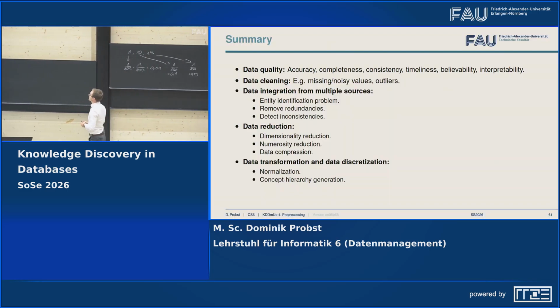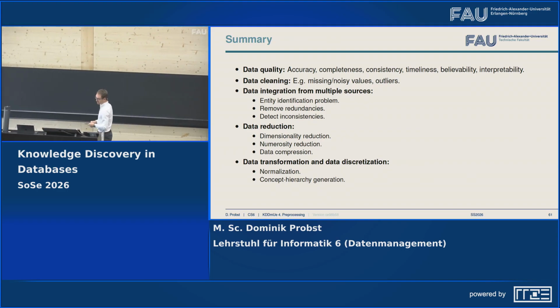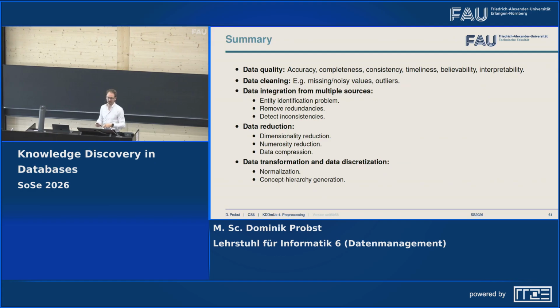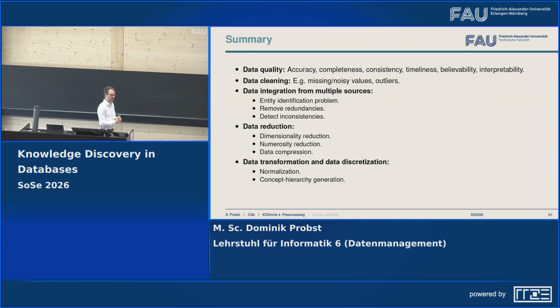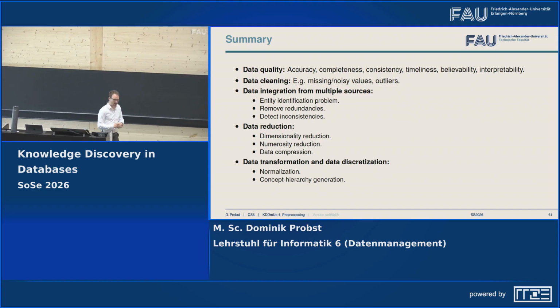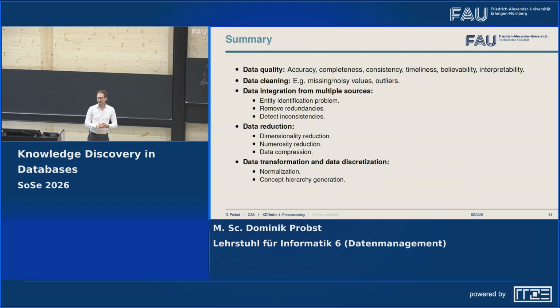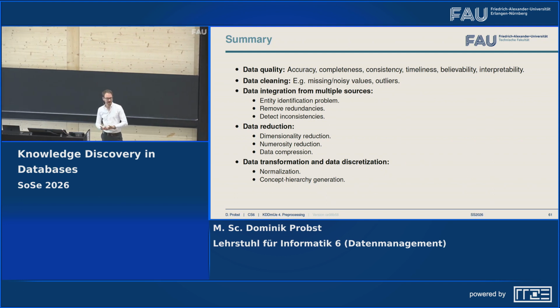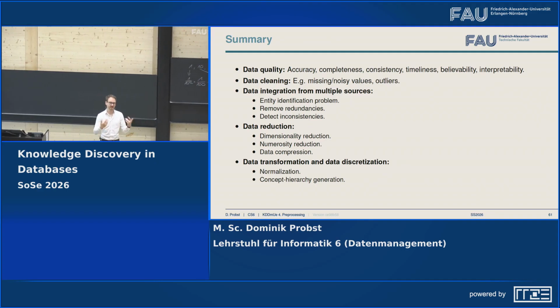But for now, a little summary of the chapter of preprocessing. We talked about data quality two weeks ago, where we talked about accuracy, completeness, consistency, timeliness, believability, interpretability, and things like that. We also talked about different dirty data in our data set and how to handle that on a high level.